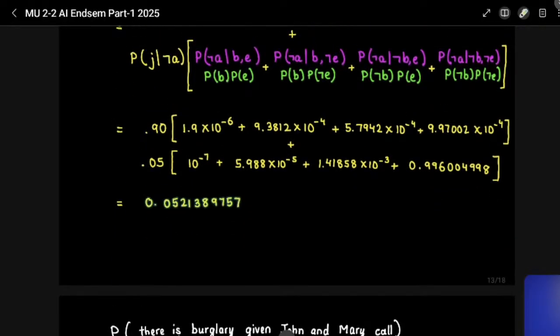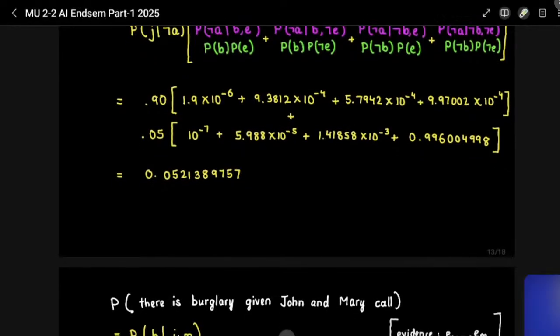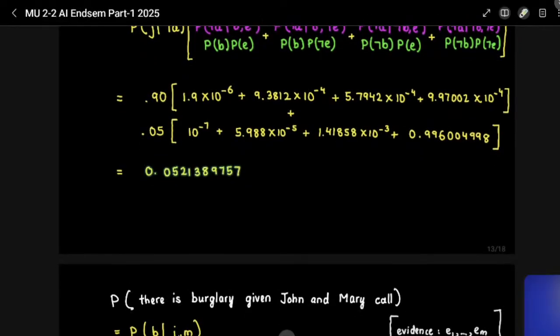There's one more question. Find the probability that there is a burglary given John and Mary call. So this is like reverse. We know that John and Mary called, but now you want to know whether burglary happened or not. So you're going from the bottom to the top.